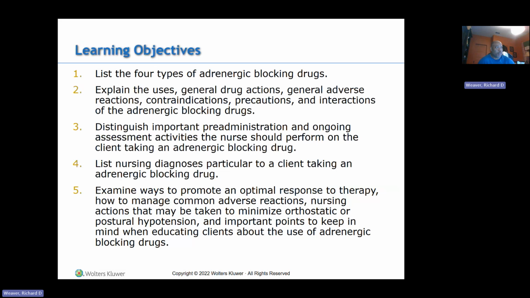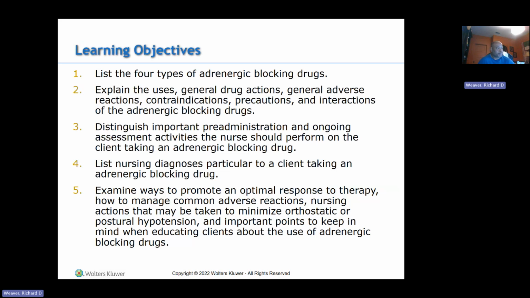Distinguish important pre-admission and ongoing assessment activities the nurse should perform on the client taking an adrenergic blocking drug. The fourth one is to list nursing diagnoses particular to a client taking an adrenergic blocking drug.